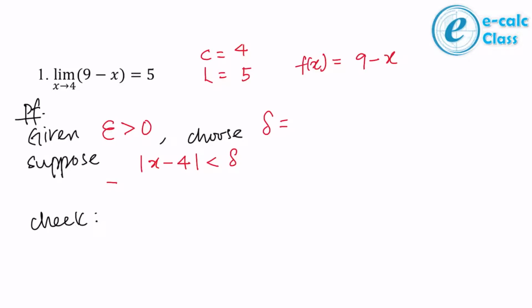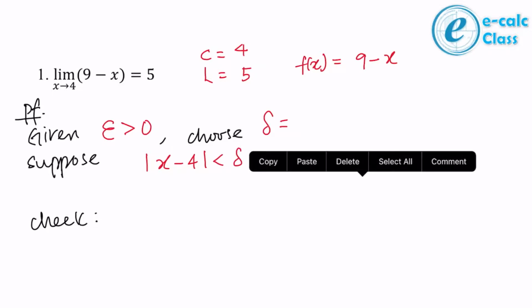Now I have negative delta, smaller than, this is actually the template, then absolute value of x minus 4, smaller than delta.